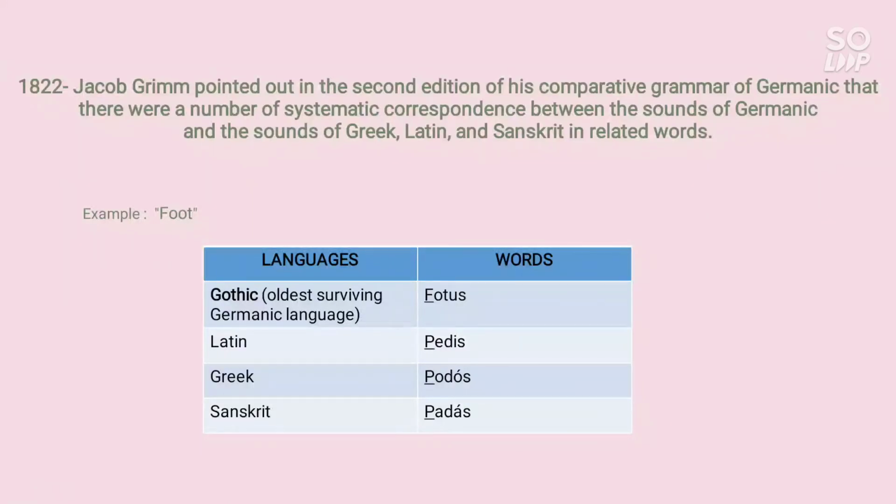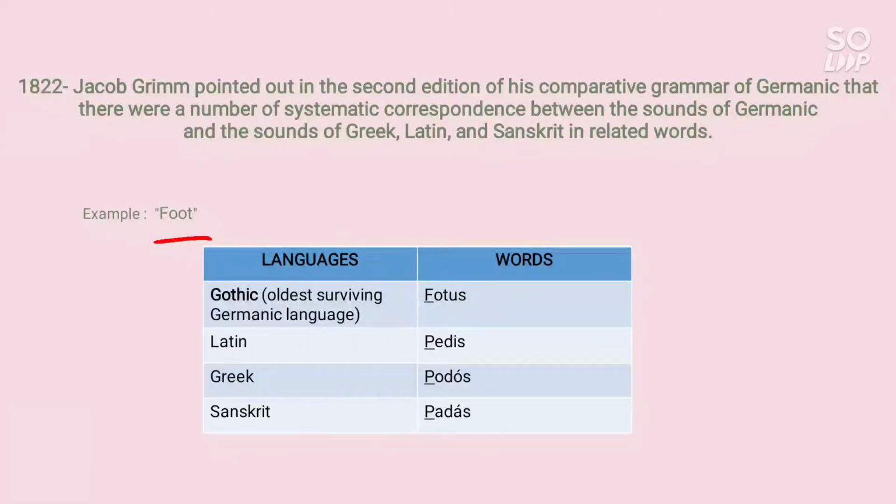Grimm noted that, for example, Gothic, the oldest surviving Germanic language, had an F where Latin, Greek, and Sanskrit frequently had a P. An example for that is the word foot.